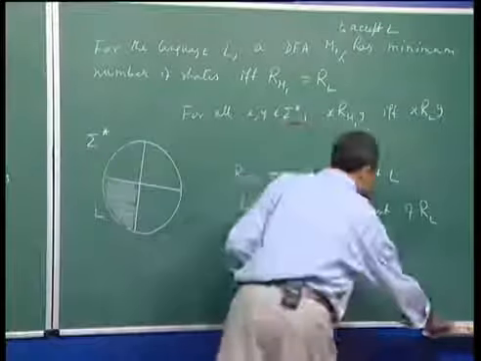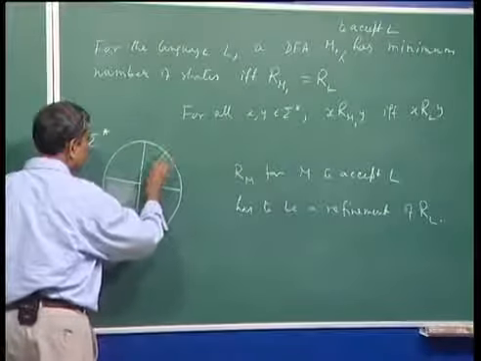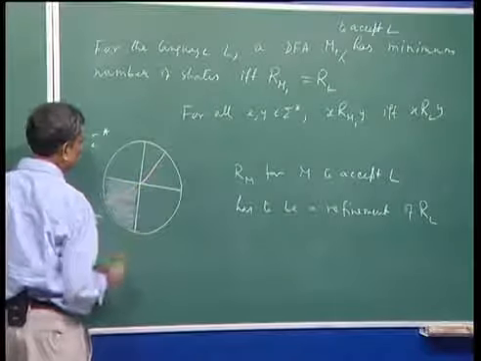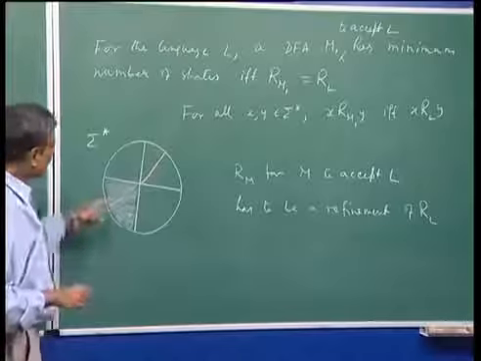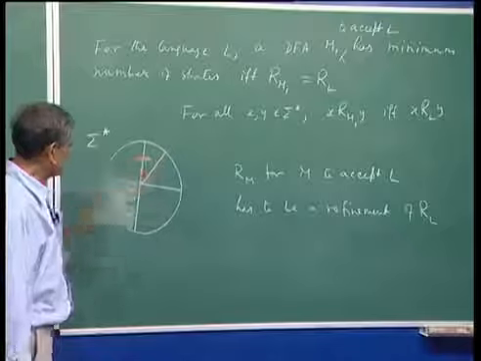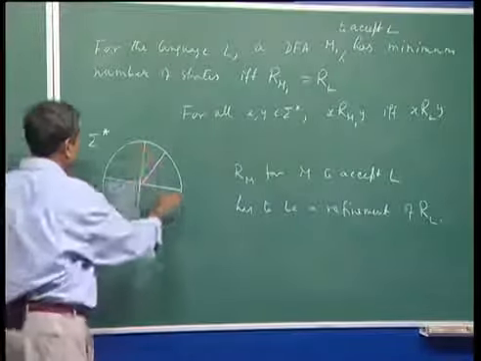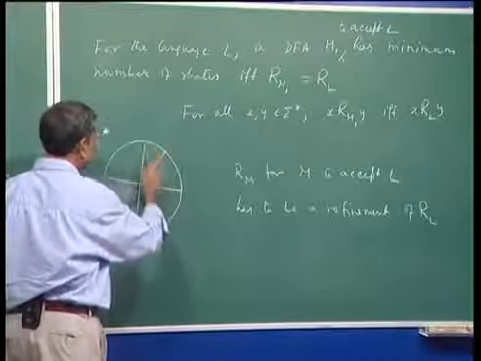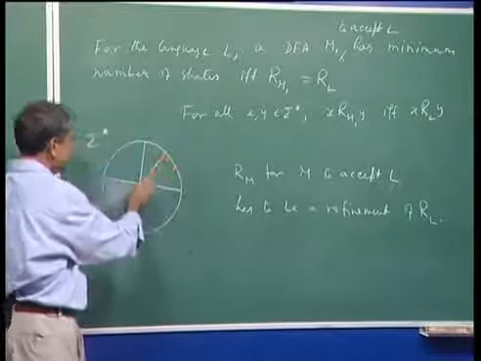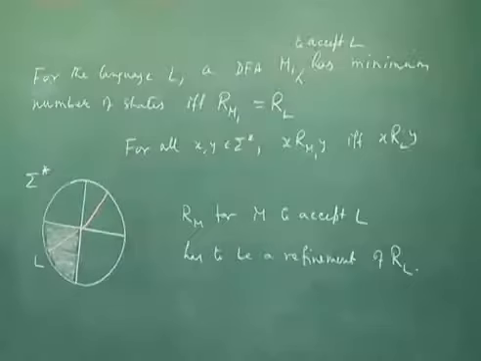So, let me show that situation in this manner, with this colored thing. Previously RL had 1, 2, 3, 4 equivalence classes. Now, this particular equivalence class of RL is partitioned into two; this is one equivalence class of RM, this is another equivalence class of RM, and similarly here.